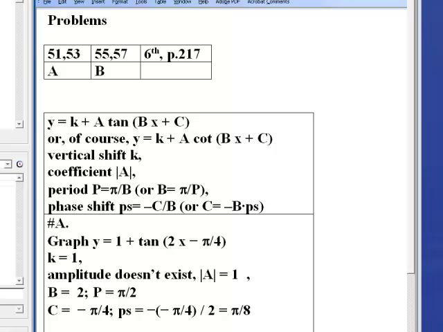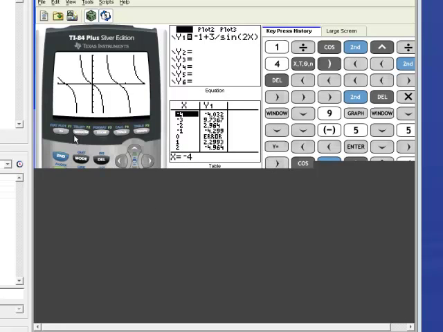So we're going to end up with negative pi over 2 divided by b, and b is pi. So we come up with negative 1/2 for the phase shift. Again, I'm going to jot these down, and we're going to graph these.